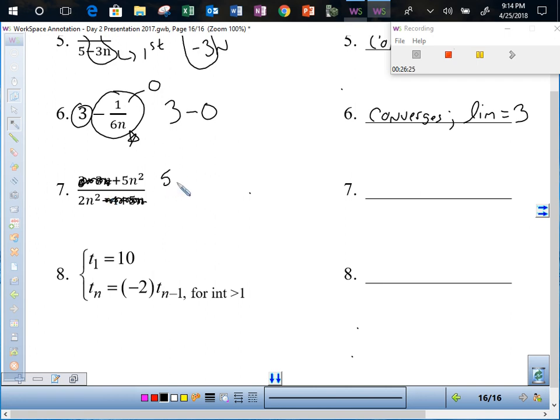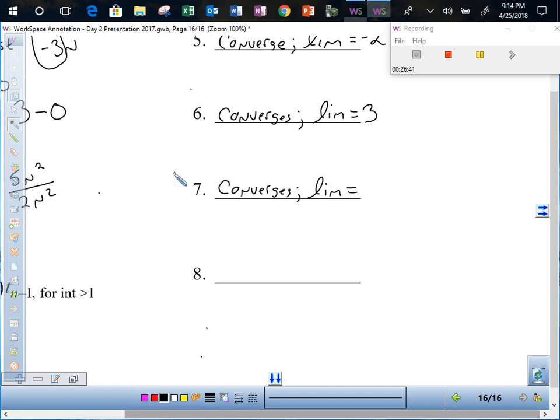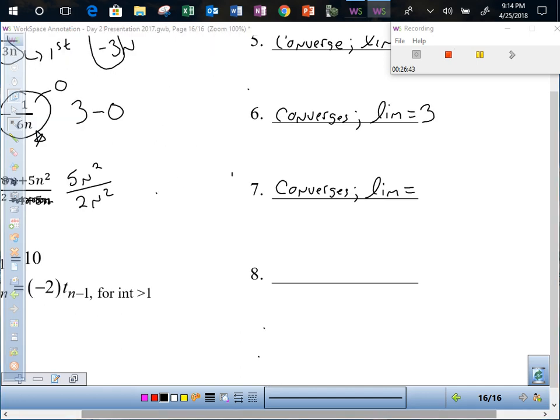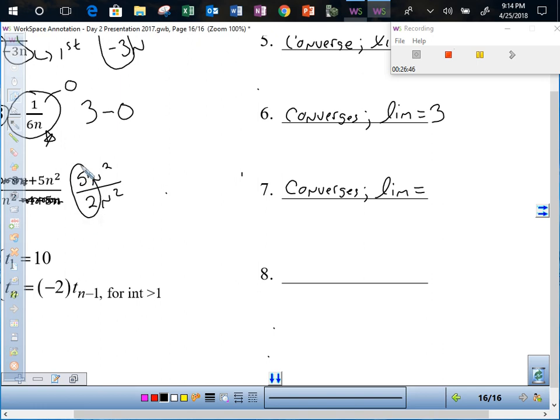So I'm focusing on the 5n squared over the 2n squared. Since the powers are the same, this converges for sure. Look at the coefficients, and I'm going to get 5/2. So this has a limit of 5/2.